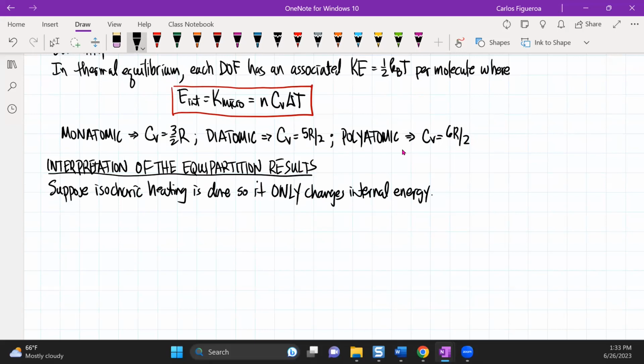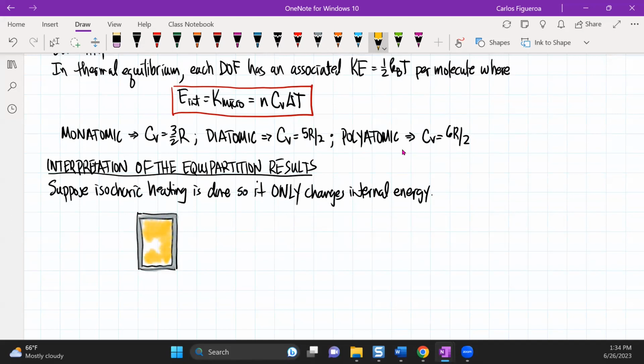So I imagine that I have a container of gas. Here's my container of gas, and I have an ideal gas inside of here.